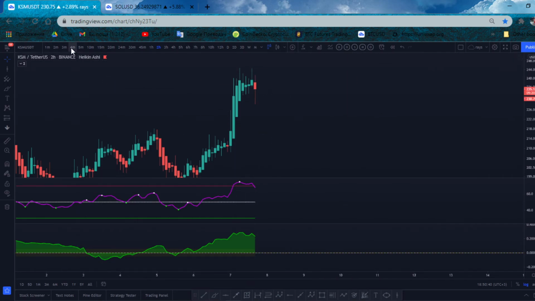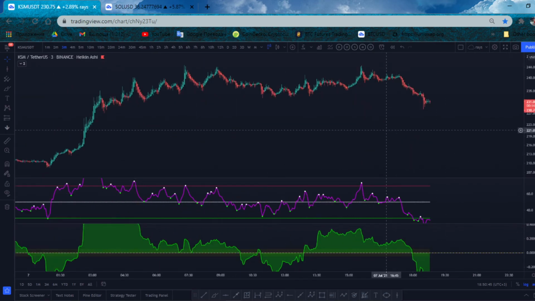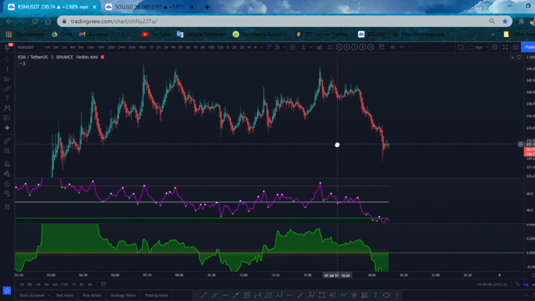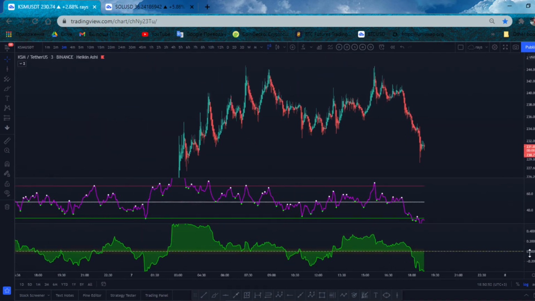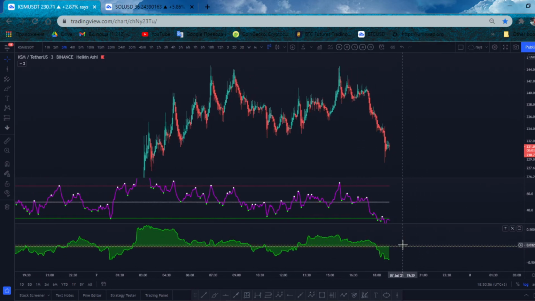Let's go to the 3-minute chart, let's say. See what's happening here. So this is the price action. What we saw.